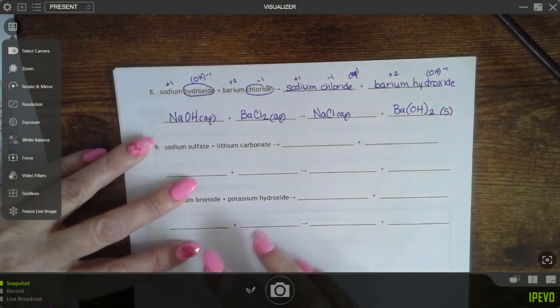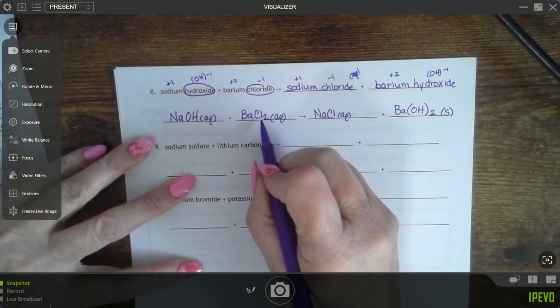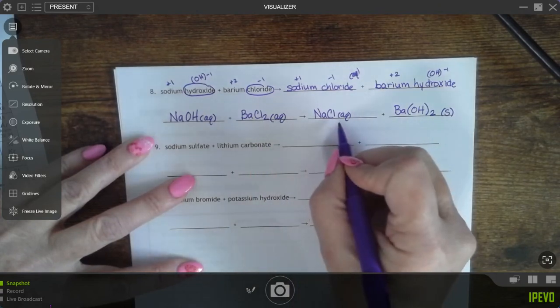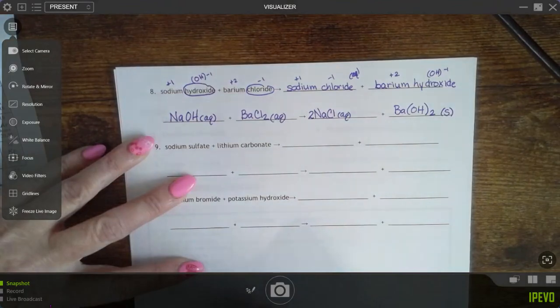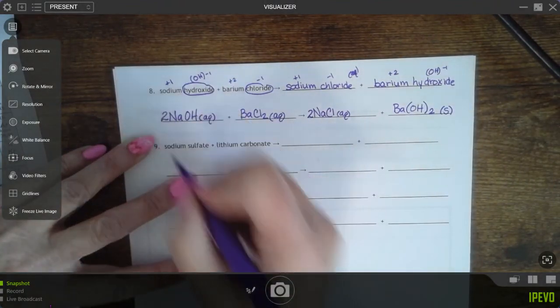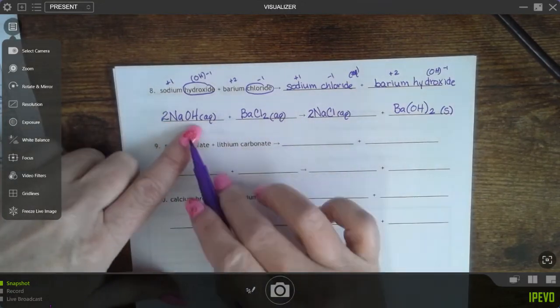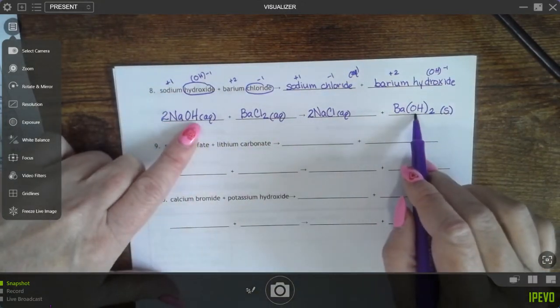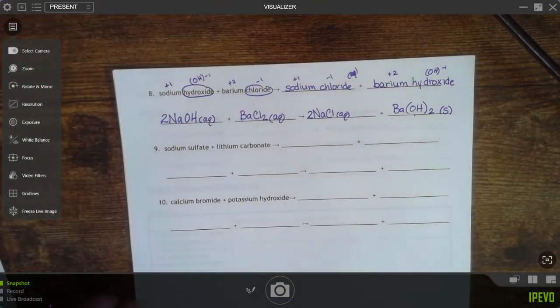All right, let's look at this. Is this one balanced? I've got 2 chlorine on the reactant side, and on the right side, the products, I only have 1, so I need a 2 here. That 2 in front of sodium chloride means I need a 2 here. So let's look. I've got 2 sodium, 2 sodium, 2 hydroxide, 2 hydroxide, 1 barium, and 2 chlorine. All right, so we are balanced.